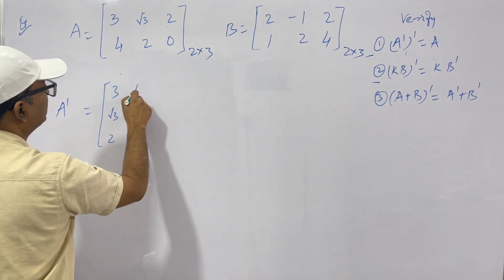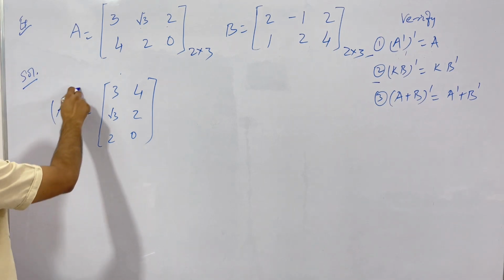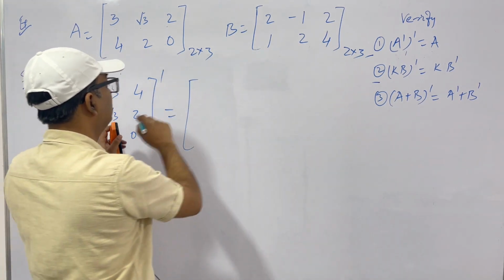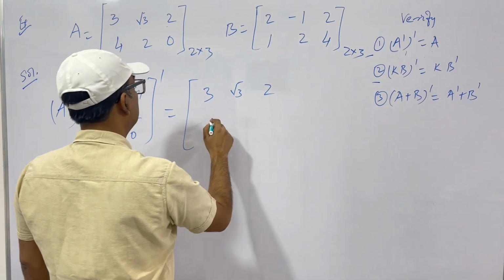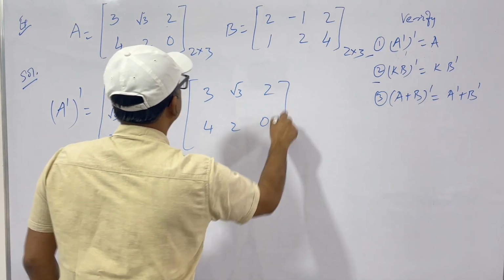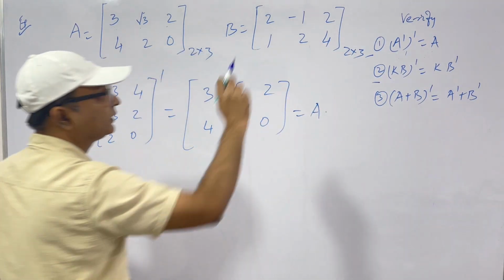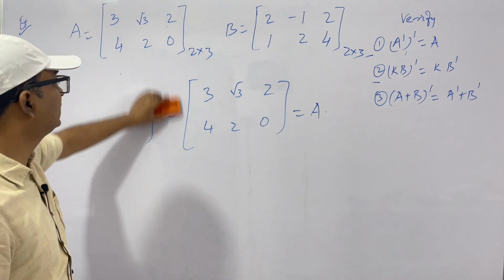This is 4, 2, 0. This is A transpose. Now let's take transpose of this. The column will become row. You can see this is same, this is equal to A. Therefore, first is verified. Clear? Let's see the second one.